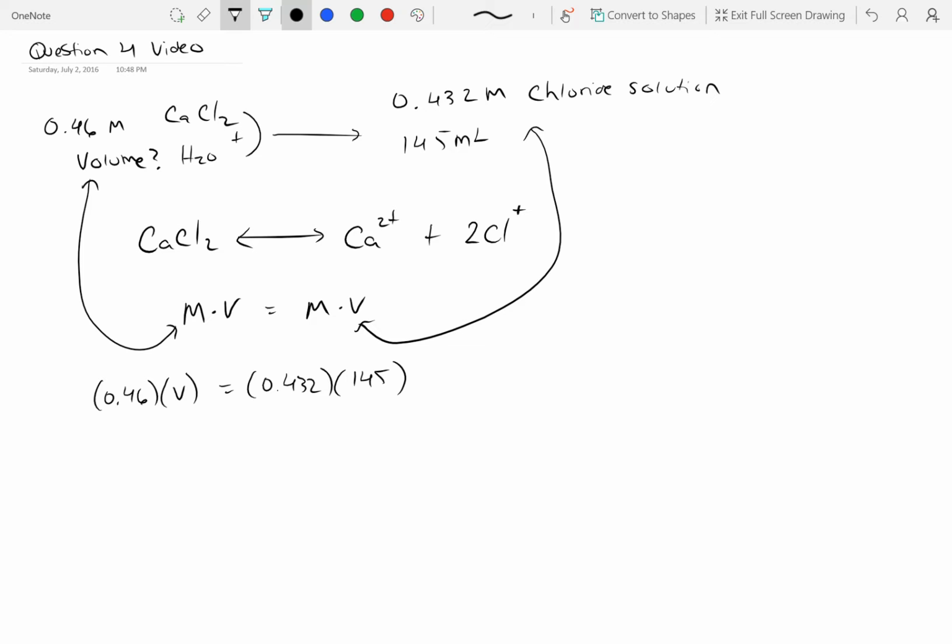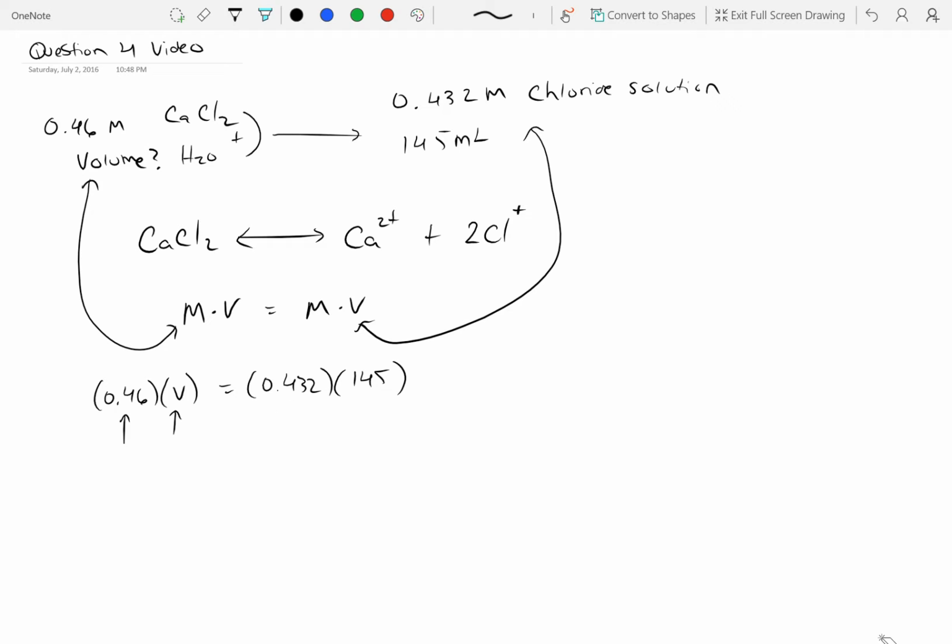One thing you have to watch out for whenever using this MV equals MV equation is units. You could use any units you want as long as they're consistently the same on both sides. If this is in moles and this is in milliliters, then this better be in moles and this better be in milliliters.